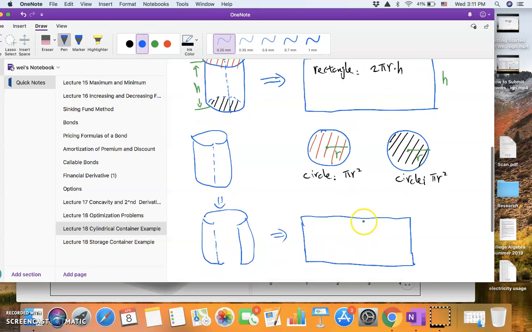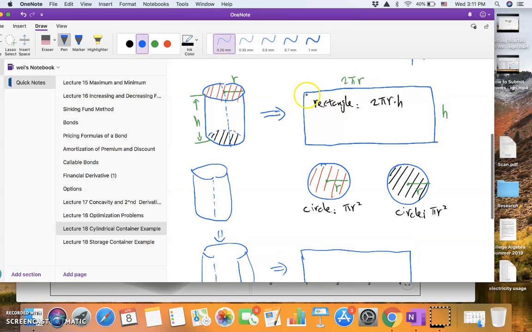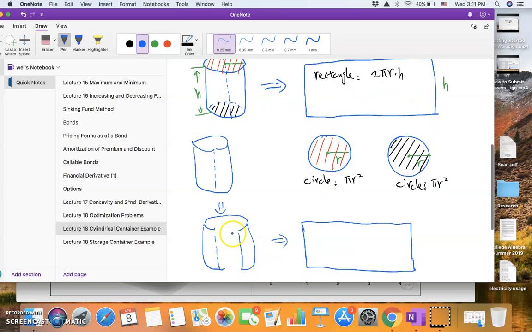In this rectangle, as you can see here, the width is the height of the cylinder, and the length is equal to the circumference of the circle.